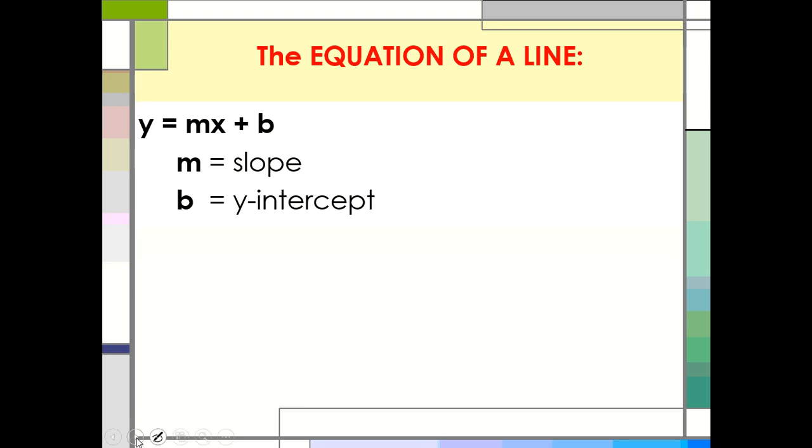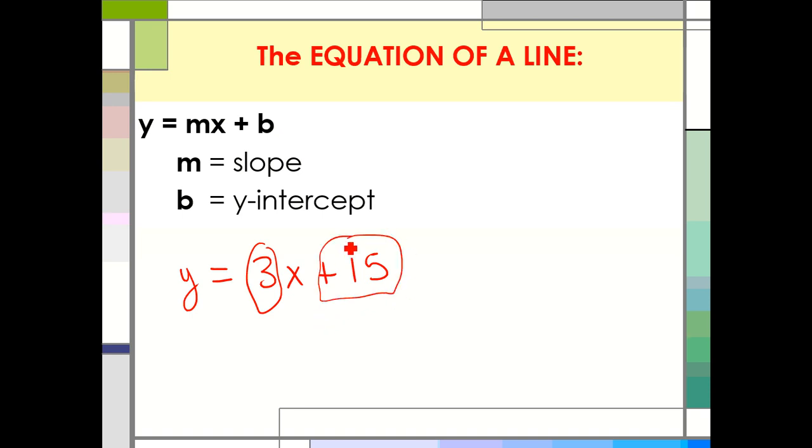For example, in y equals 3x plus 15, the 3 is our slope for the line, and the positive 15 is the y-intercept, where it crosses the y-axis.